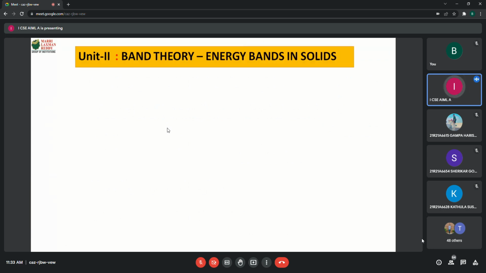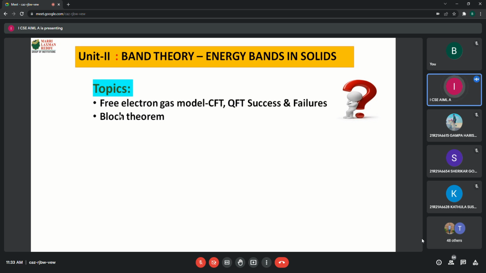Now if you take this second unit, these are all the topics as I told you. Bloch theorem and the free electron gas model are the first topics. The free electron gas model is nothing but the classical free electron theory and quantum free electron theory, how they have explained the electrical conductivity of metals, and the successes and failures of those, in the second unit under the first topic.